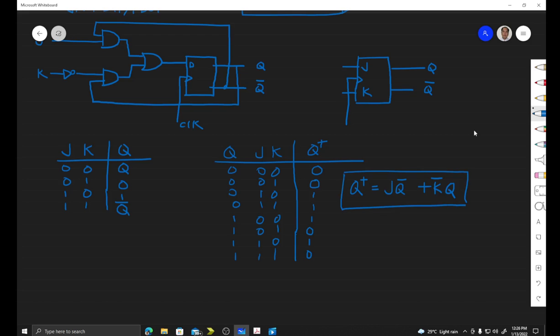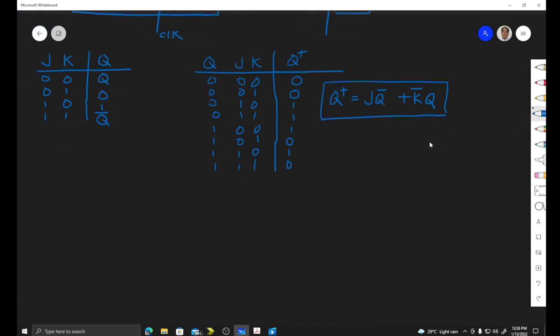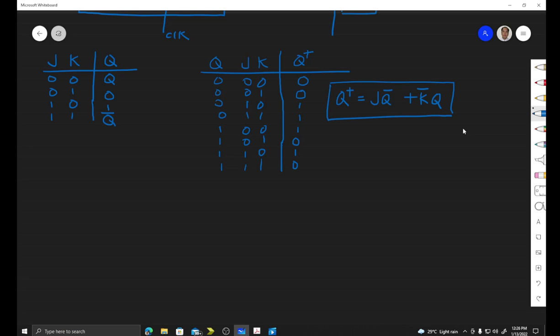We can use that to get our next state. The excitation table for JK has our present state Q, next state Q plus, then the inputs for our JK flip-flop. Suppose we have the combinations 0 0, 0 1, 1 0, 1 1.